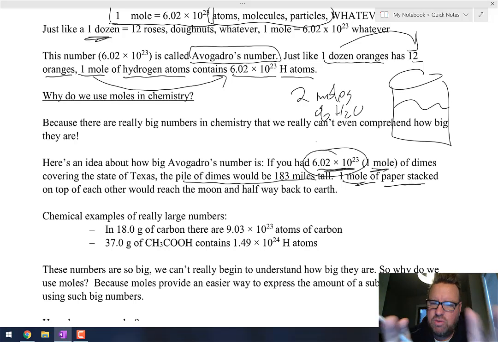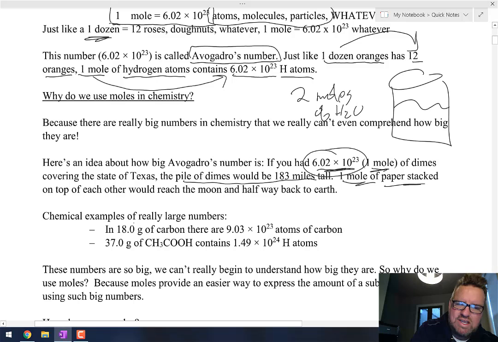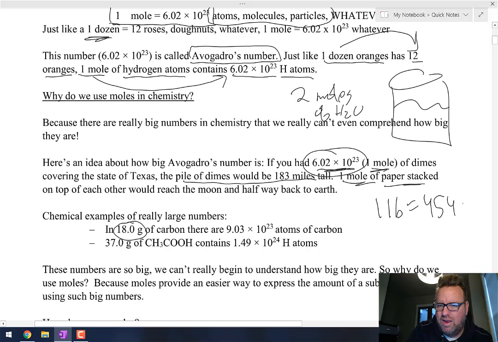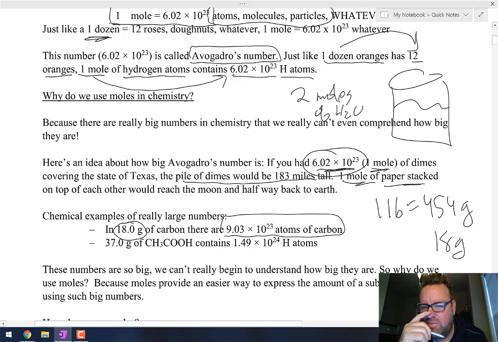Now let's use some real chemistry examples. Let's say you only have 18 grams of carbon. And 18 grams of carbon, which again, what's a gram? Well, in 1 pound, there's about, and I'm rounding here, 454 grams. So if you've only got 18 grams, you don't have very much carbon. But if you have 18 grams of carbon, you have over 9 times 10 to the 23, so even bigger than this number, atoms of carbon.